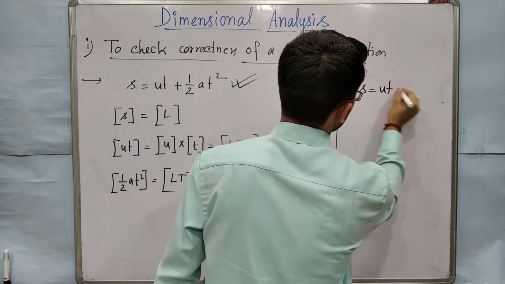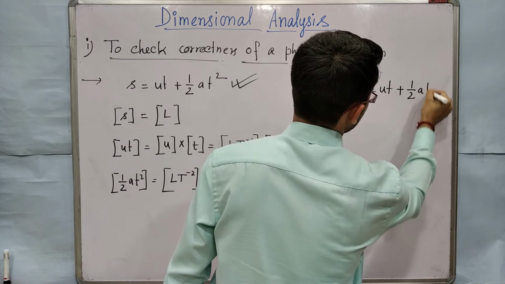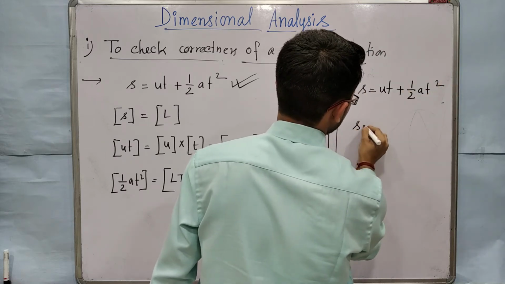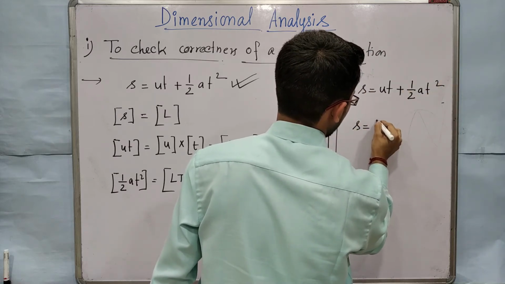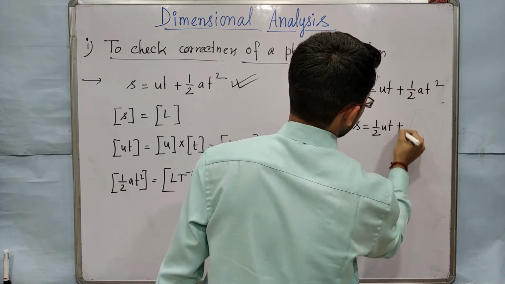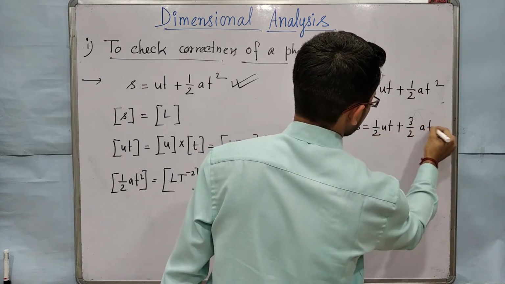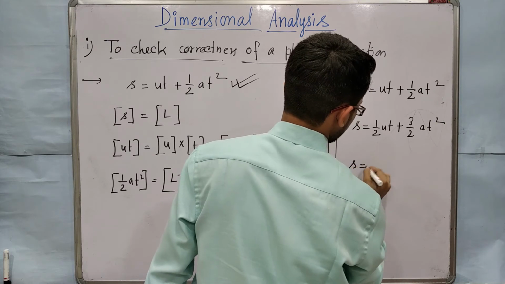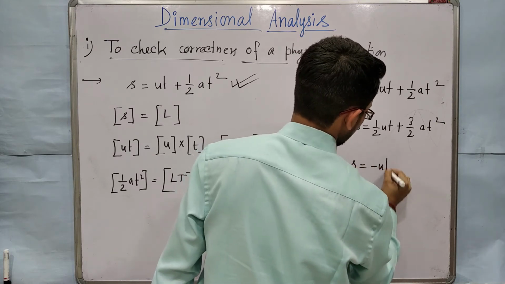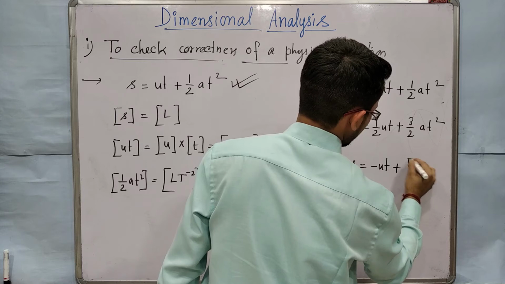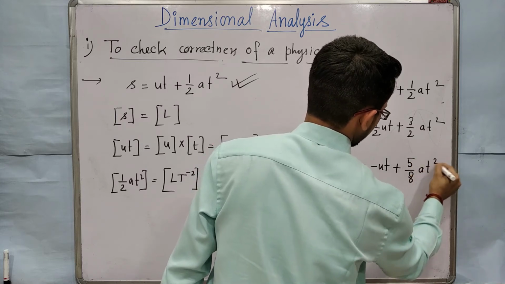S is equal to UT plus half a T square. Next I am writing S is equal to, suppose, half UT plus 3 by 2 AT square. Another I am writing S is equal to minus UT plus 5 by 8 AT square.